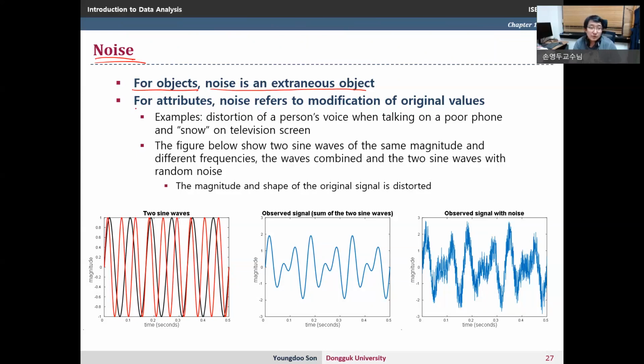However, most commonly for the attributes, the noise refers to the modification of original values. For example, in this figure, the first figure shows two sine waves, the black one and the red one. If we take the sum of these two sine waves, then it becomes this one. It's actually the clean data, the sum of two sine waves.